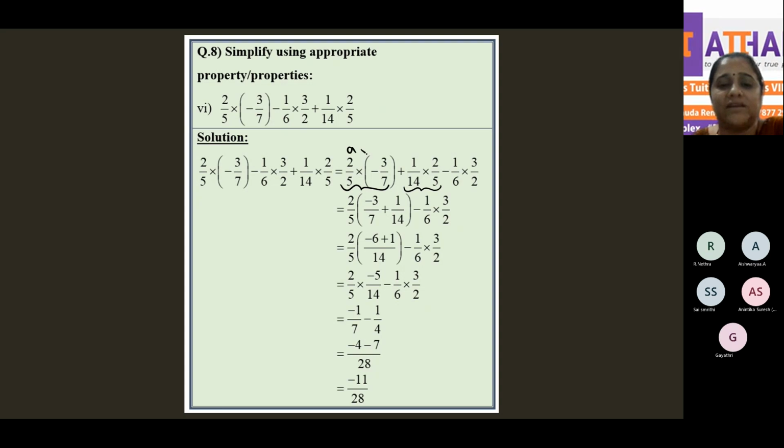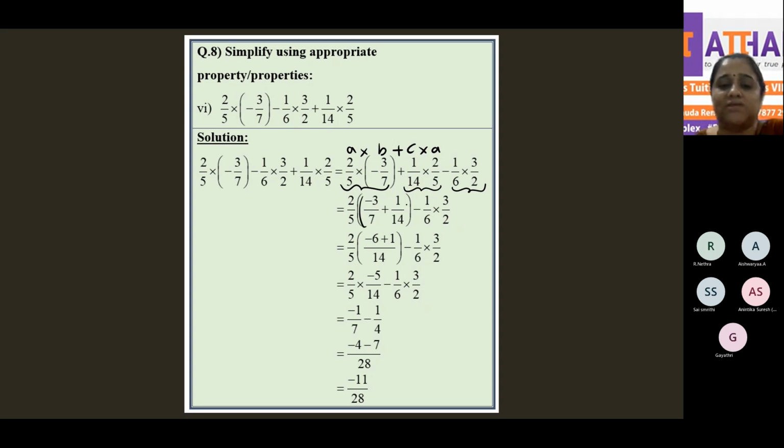So this is like A into B plus A into C is A into B plus C. So A is 2 by 5 into B minus 3 by 7 plus C plus 1 by 14. A into B plus C. B is minus 3 by 7 plus C 1 by 14. Then write this pair as it is, minus 1 by 6 into 3 by 2. Write it as it is.